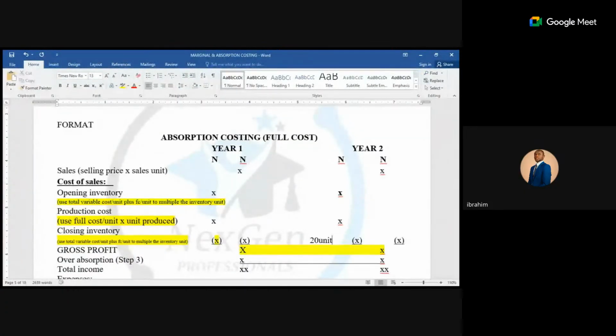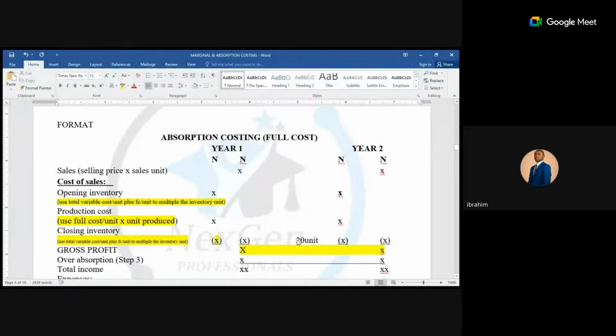If you are given separate costs for year 1 and year 2, maybe direct material of 2 naira for year 1 and 3 naira for year 2, separate unit costs, please get the full cost and multiply it by the closing inventory, so that you can have the value of what? The value of closing inventory.